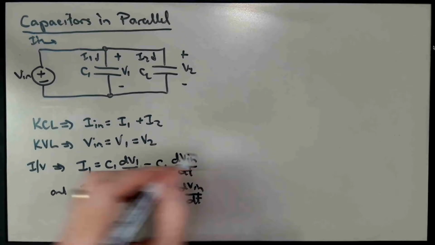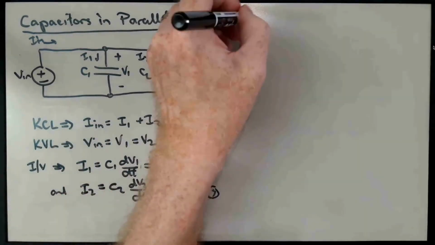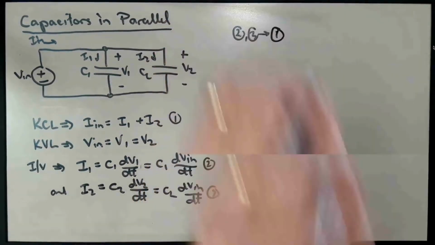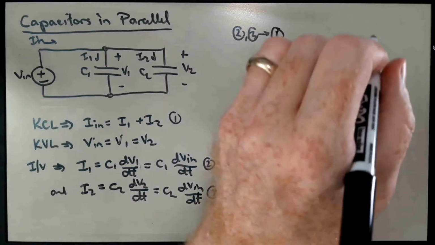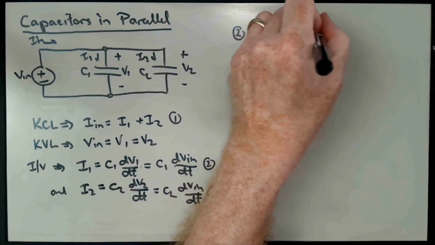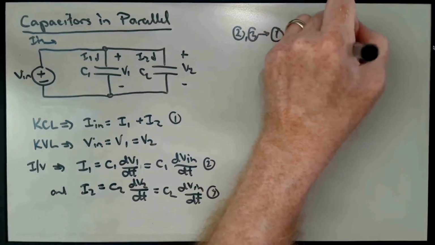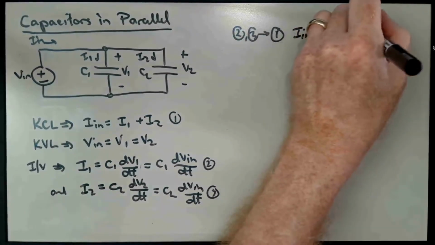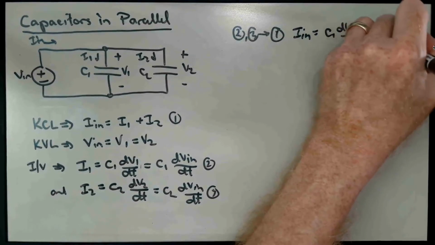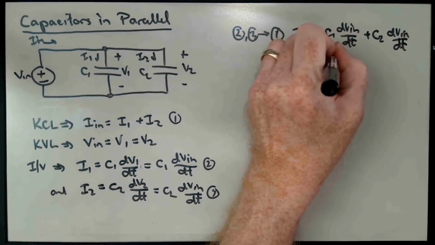And so we can say, well, this is equation 1, equation 2, and equation 3. We can substitute 2 and 3 into our KCL equation to find that In is equal to C1 dVn/dt plus C2 times dVn/dt. And of course we can factor out a common dVn/dt.